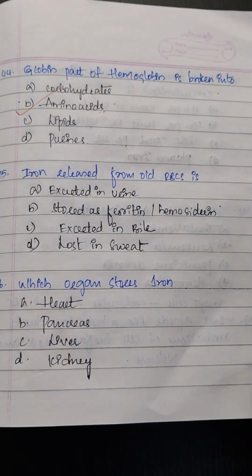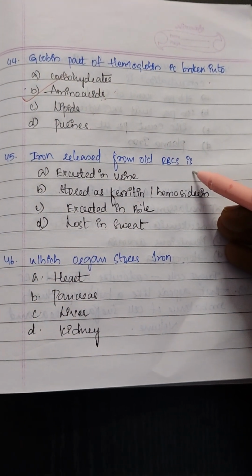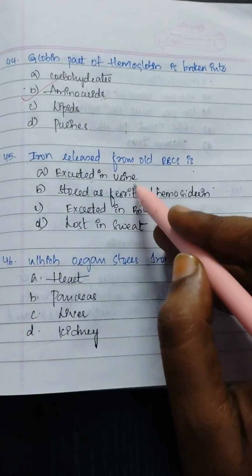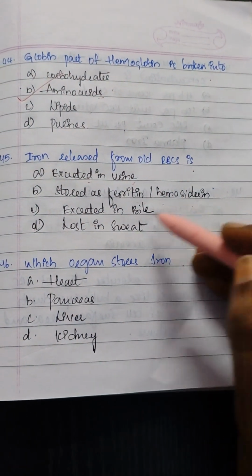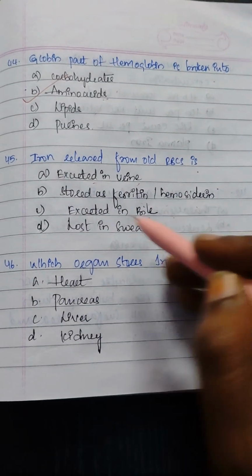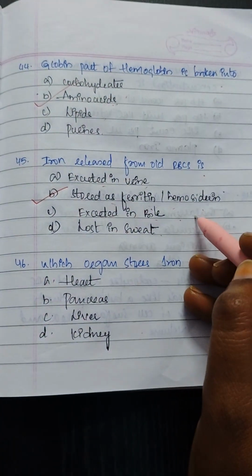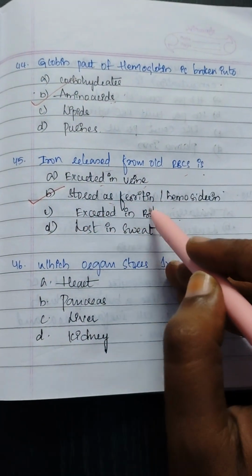Okay, the next one: iron released from old RBCs is excreted in urine, stored as ferritin or hemosiderin, excreted in bile, or lost in sweat. The answer is B, stored as ferritin or hemosiderin. Iron released from old RBCs is stored as ferritin or hemosiderin.